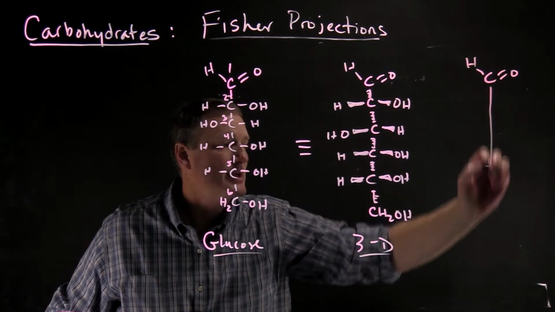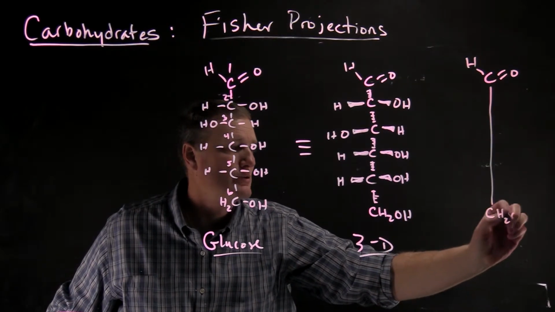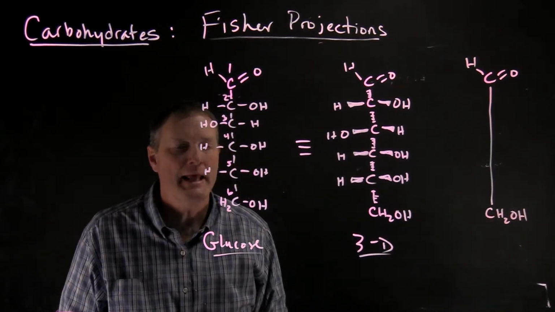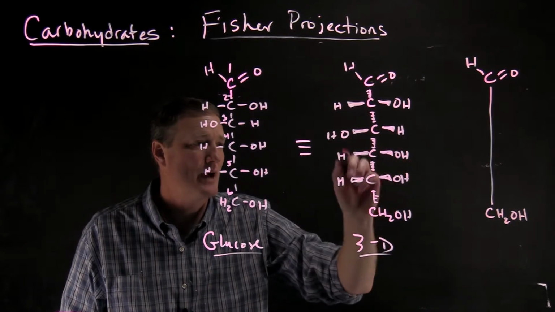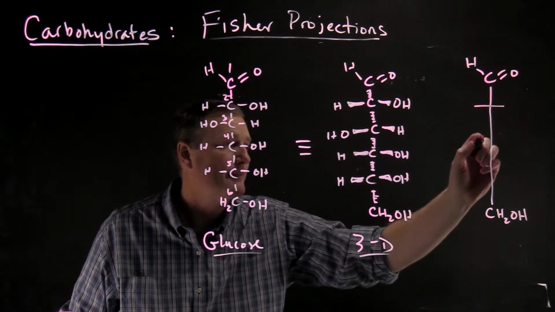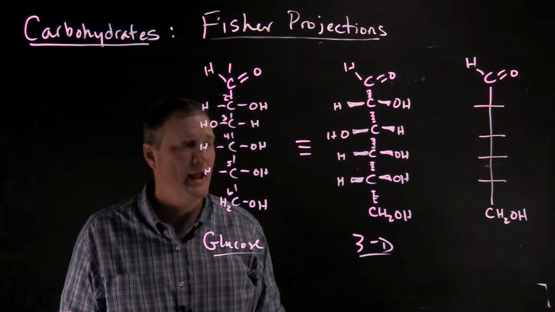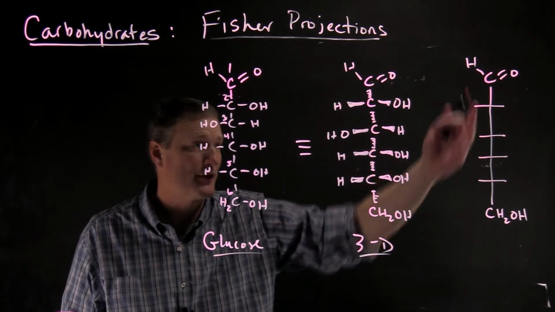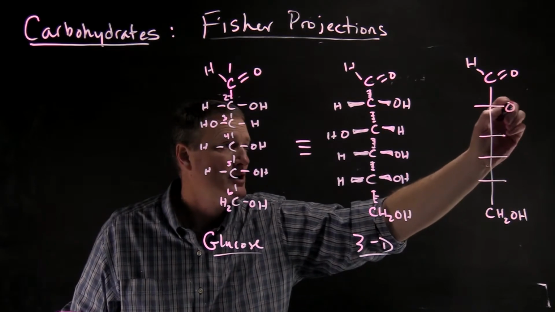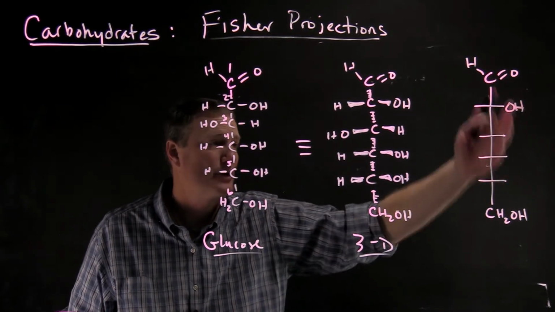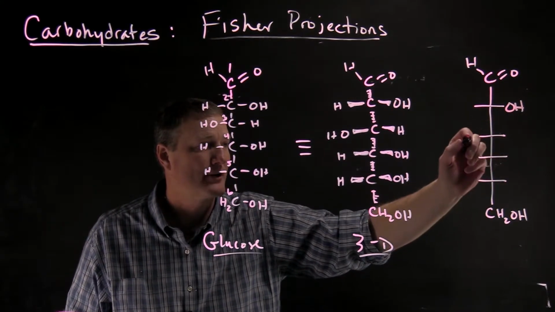I'm just going to draw a straight line down to CH2OH. And then for each of these positions where I have a carbon, I'm just going to draw a line, like that. Okay, and I'm going to place the OH groups on the correct side of this line. So for glucose, all of the OHs are on the right-hand side except this one down at carbon number 3.